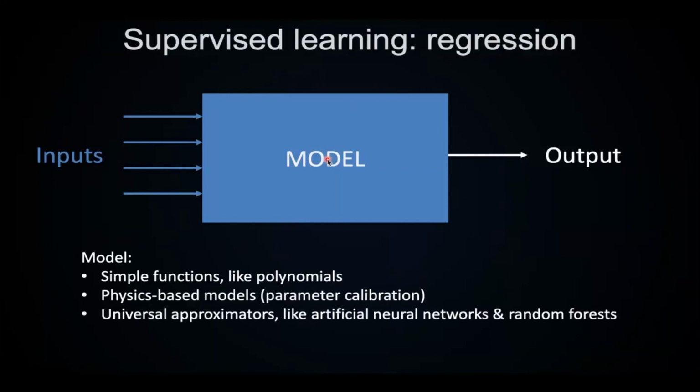But typically, when we talk about machine learning, what we're referring to is having a model that's not a simple polynomial or a physics-based model, but what's called a universal approximator, like artificial neural networks or random forests. These are models that can approximate any function between the inputs and the outputs.